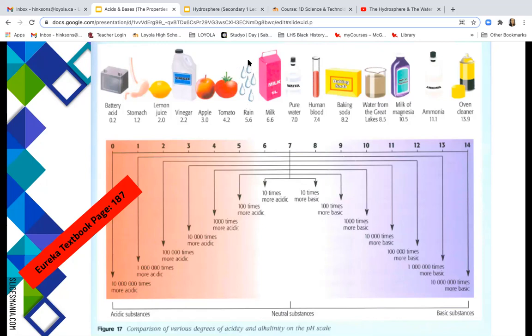And unfortunately, you would think that you'd want rain to be neutral, right? Water. But we know that because of the presence of carbon dioxide and also because of the pollution from factories and whatnot, we have acid rain. So it makes sense that the pH is below 7, which indicates that it's an acid.